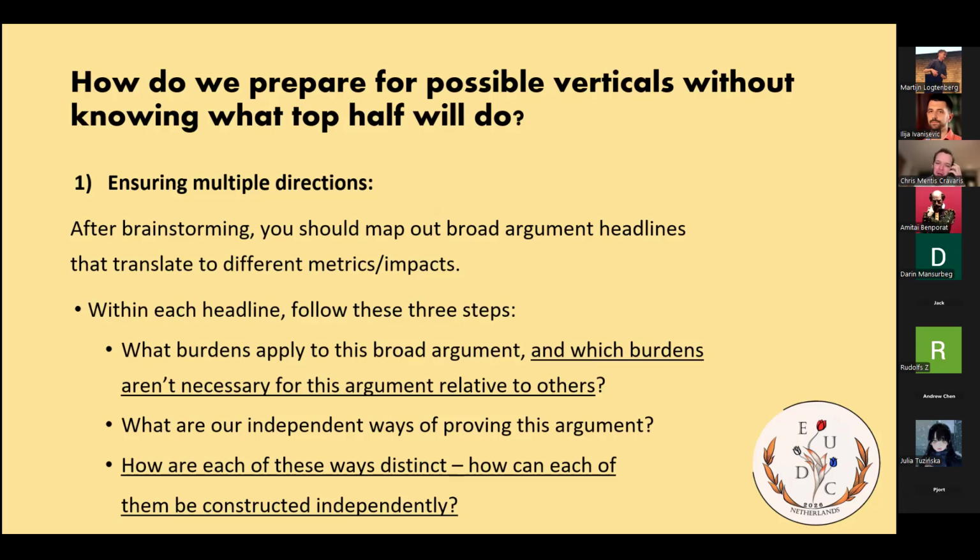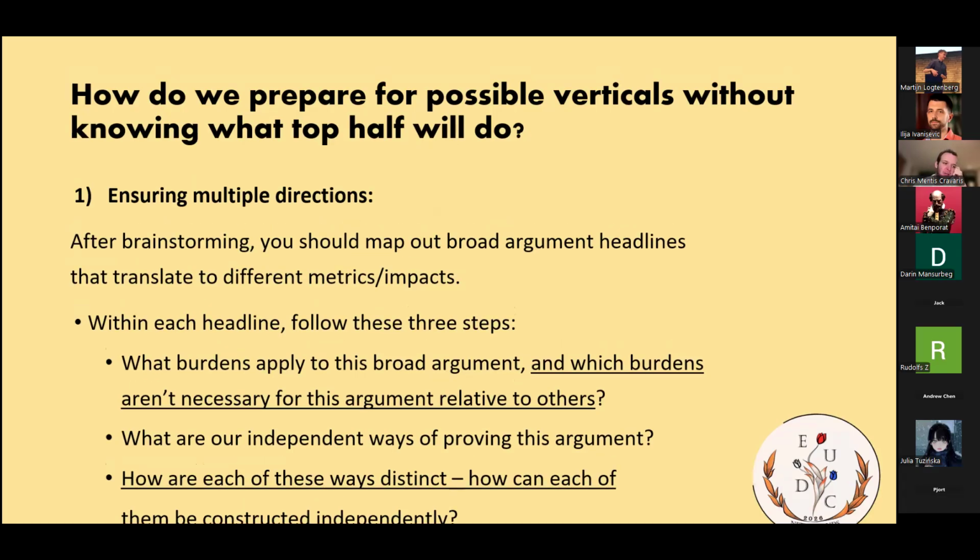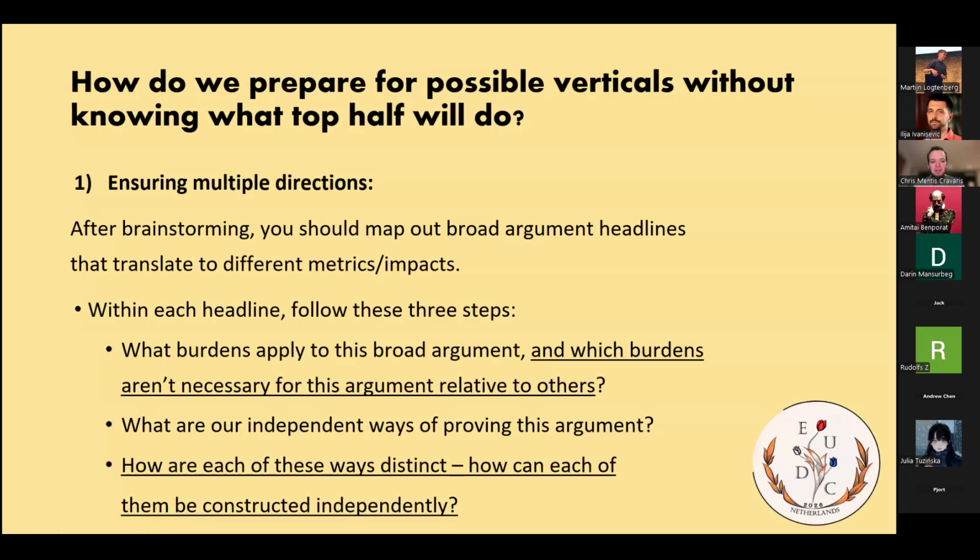And often by noticing these things, you're going to be better prepared when the debate comes. Crucially, don't put all your eggs in one basket and try to anticipate your opening doing something less expected or running the second or third strongest argument instead of the first one. Obviously, this doesn't mean you should plan for your opening being crazy, but you should be ready for anything reasonable that top half might do.